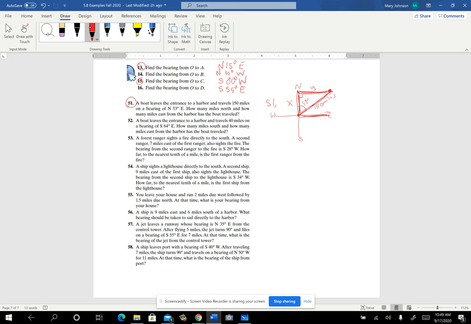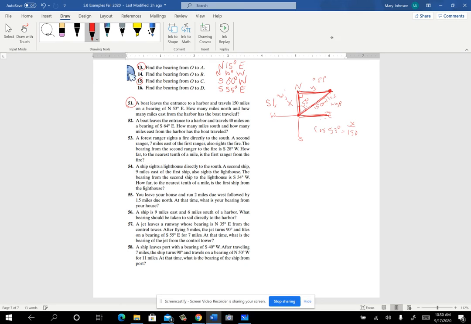All right, so let's think about this then. If I wanted to find x and I'm looking at 53 degrees, x is adjacent. The 150 is the hypotenuse and the y is the opposite. So to find the x, I would just do adjacent and hypotenuse. I would do cosine of 53 would equal x over 150.